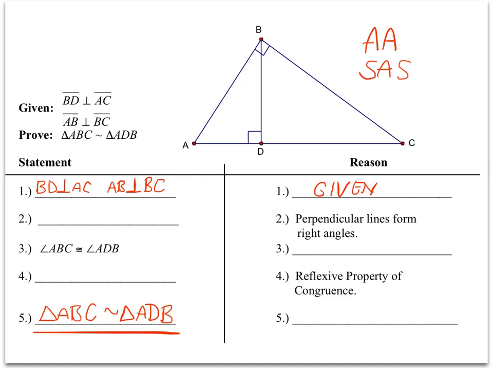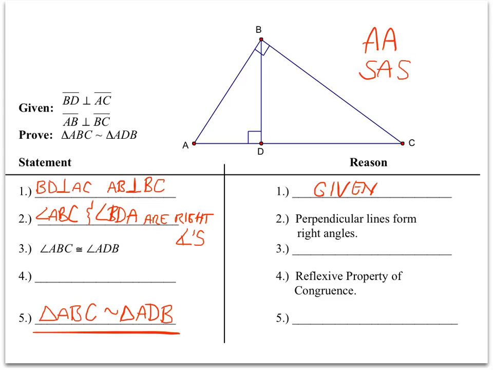But in step 2, we have to show that. So we make a statement that angle ABC and angle BDA are right angles. Which makes sense because perpendicular lines always form right angles. And we've already written them on the diagram. We just had to show that.